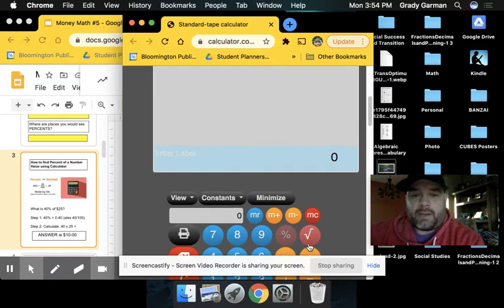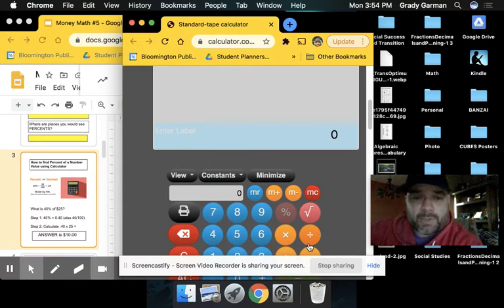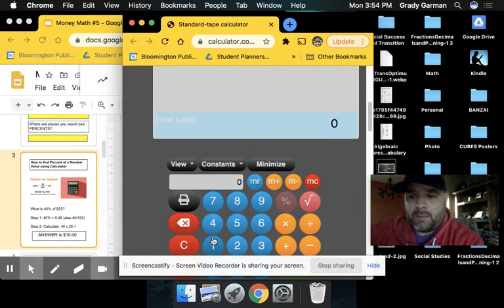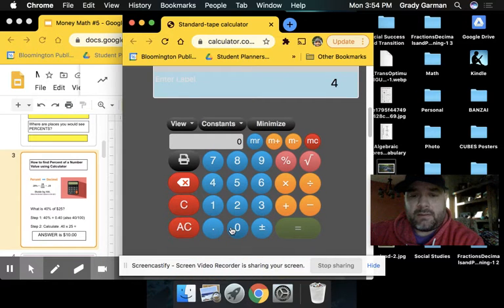What you're going to do is convert your 40%, which is 40 over 100, or 40 divided by 100, to a decimal. If I take 40 and divide it by 100, because it is a fraction, 40 over 100, you can see that I get 0.4.